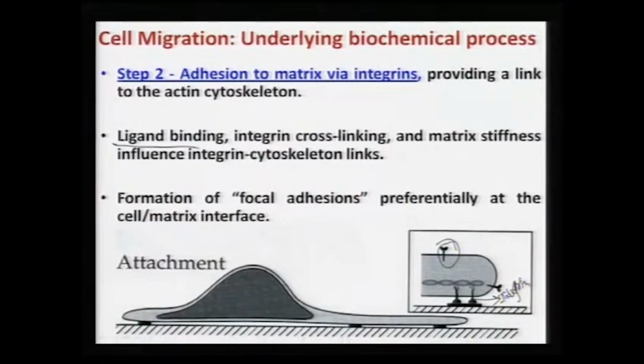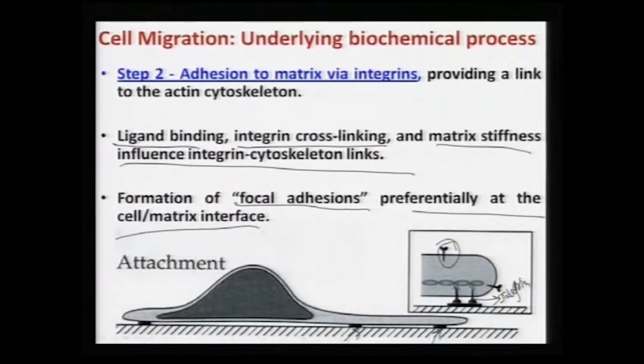Ligand binding, integrin cross linking, and matrix stiffness all influence the integrin cytoskeleton links. And then the third point is the formation of the focal adhesion. So, these are the focal adhesion points, preferentially at the cell matrix interface, that I have already mentioned to you.